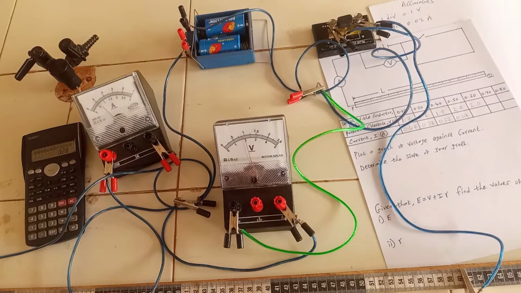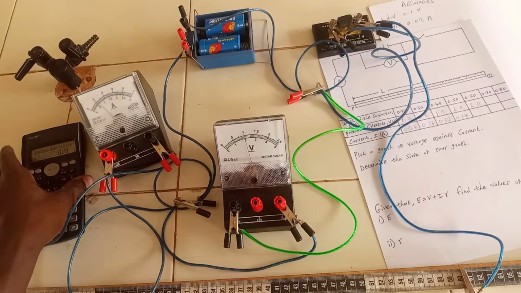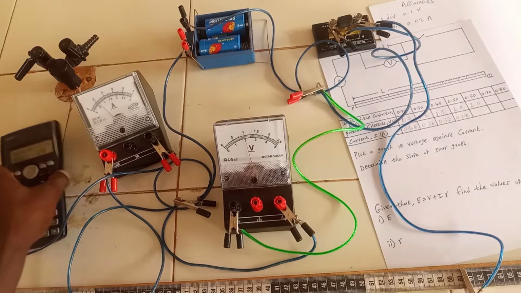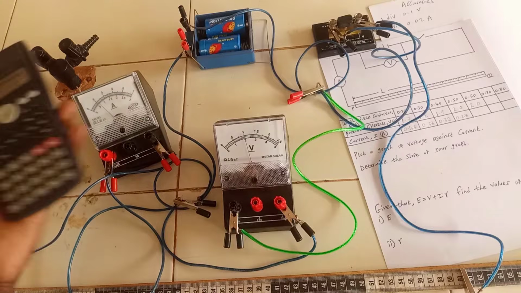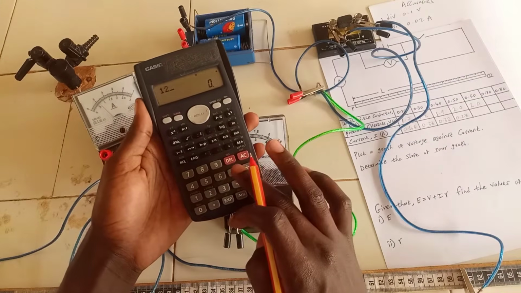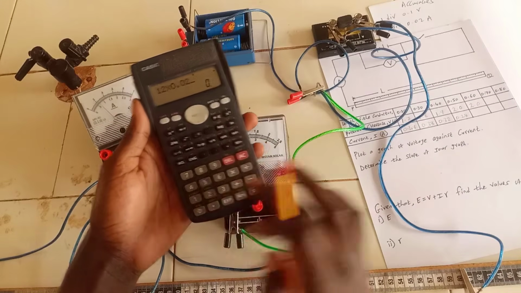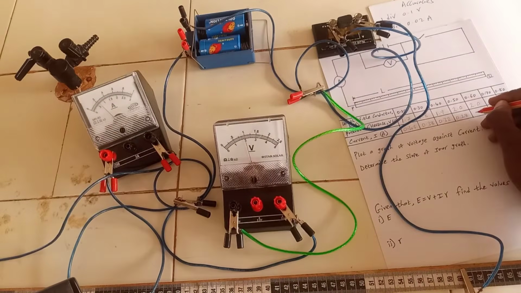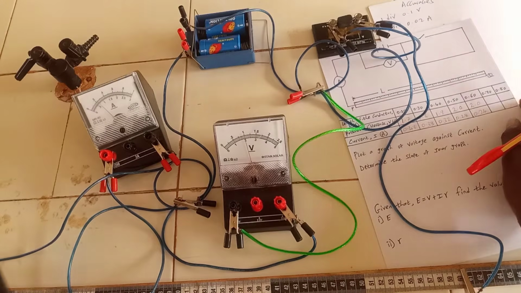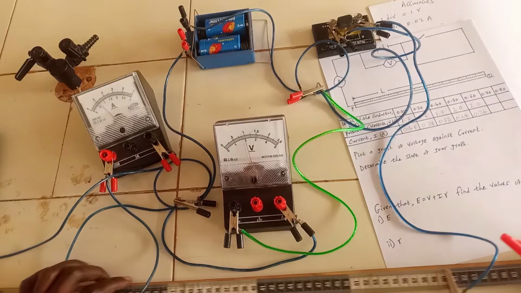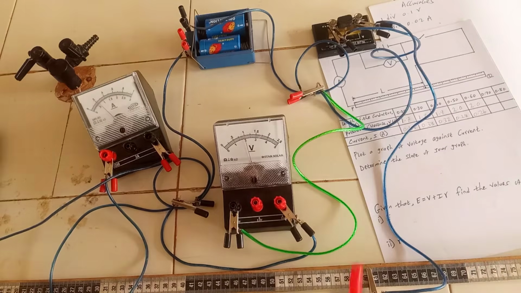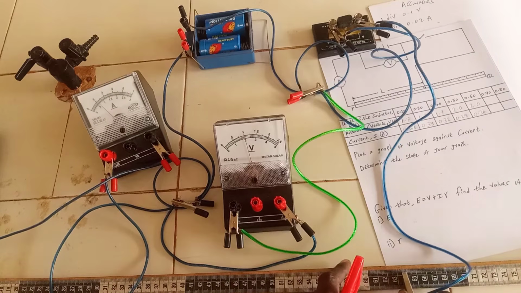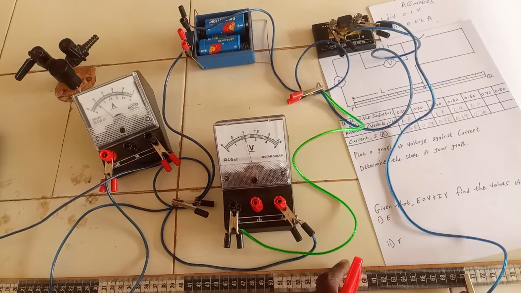Then for the ammeter, these are 12. So we have 12 times 0.02. Remember, we are working with the accuracy here, which is 0.24. Then we go to 70.